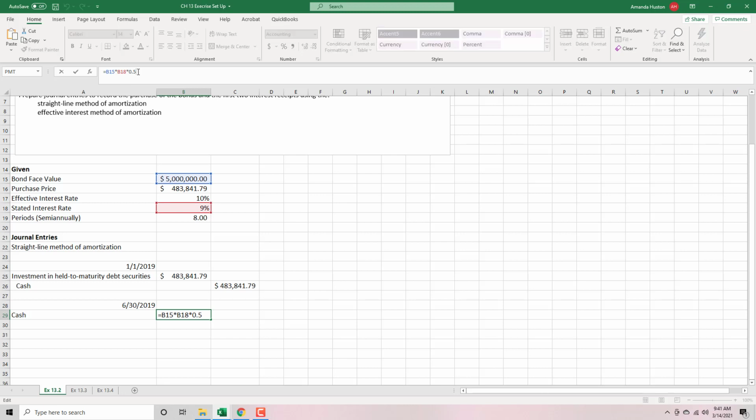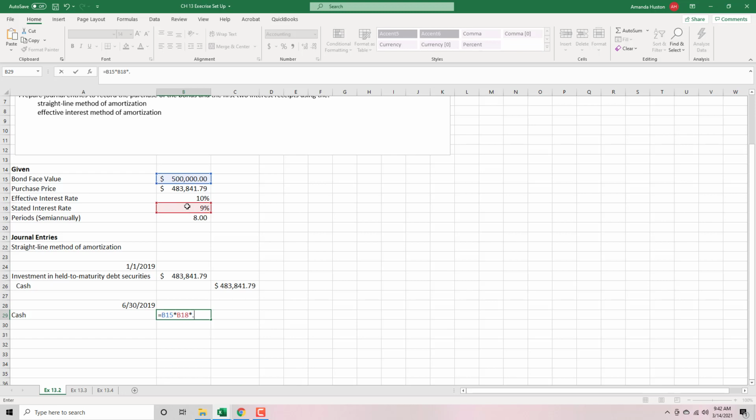So equals the bond face value times the stated interest rate times 6 divided by 12, because it's 6 months that they're paying interest on, or 0.5.